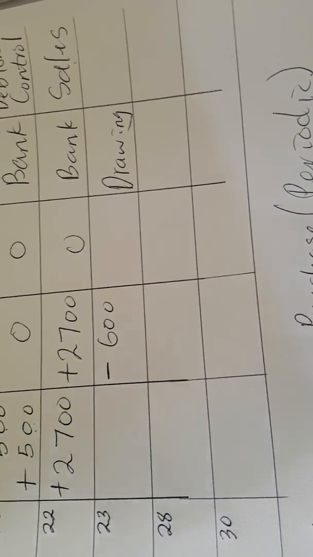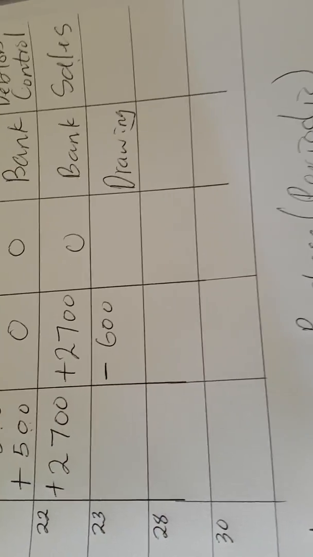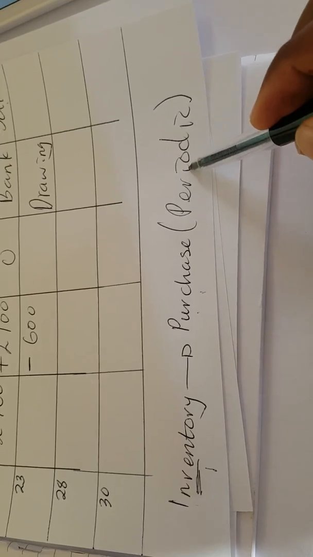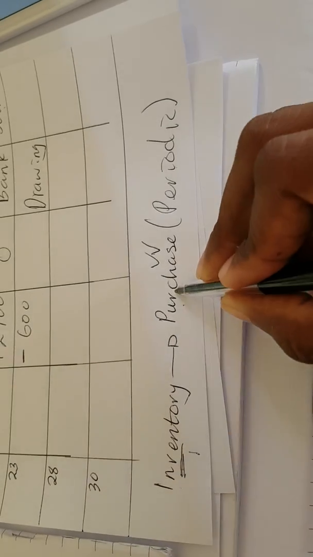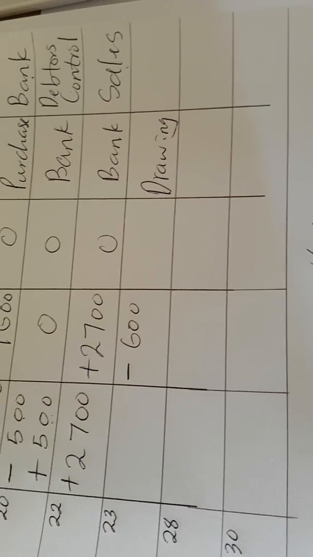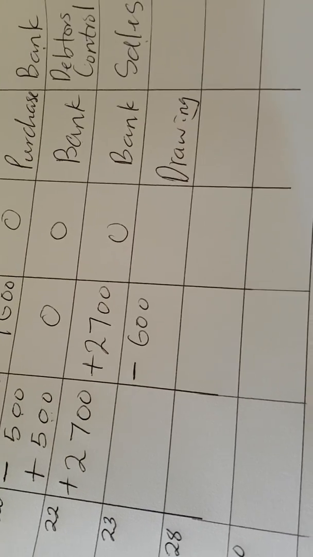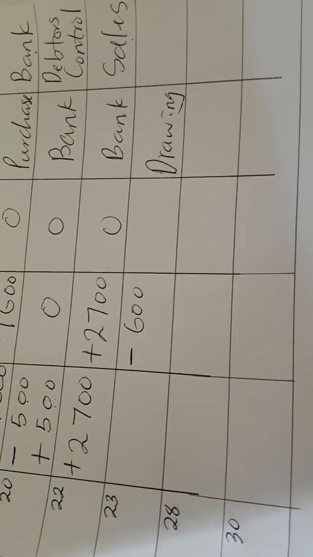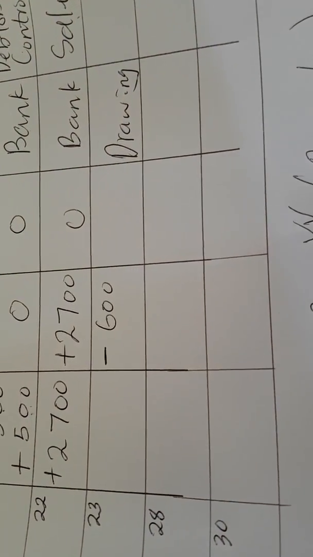And then what did the owner take? He took inventory. And remember, since we are using periodic, we don't have inventory, we have purchases, because the term inventory is substituted by purchases. A purchase is an example of inventory, so it means the inventory is decreasing.